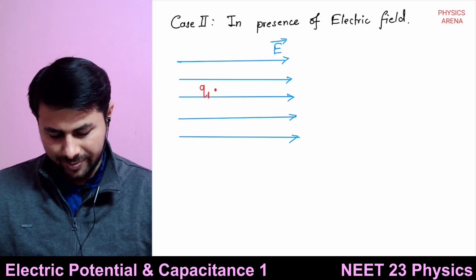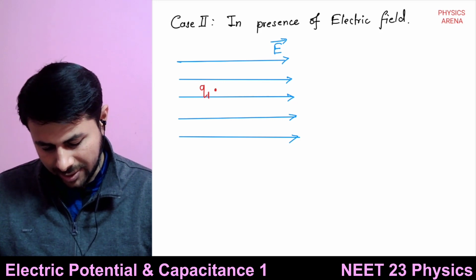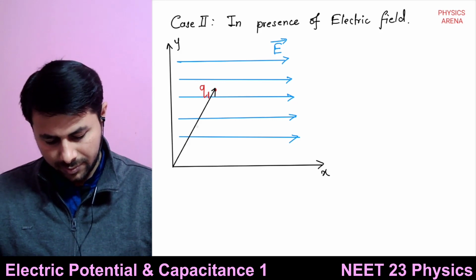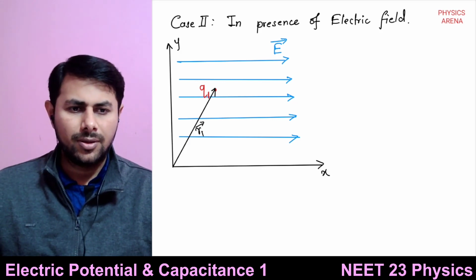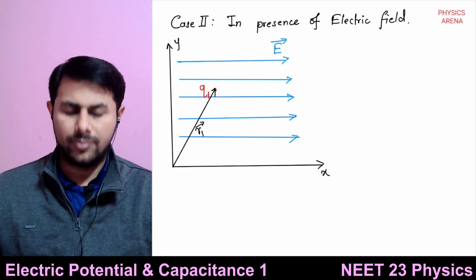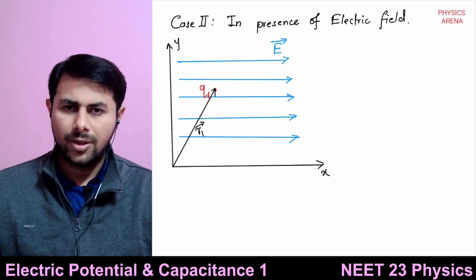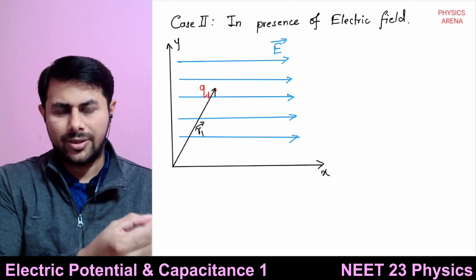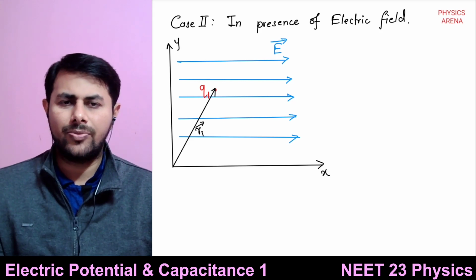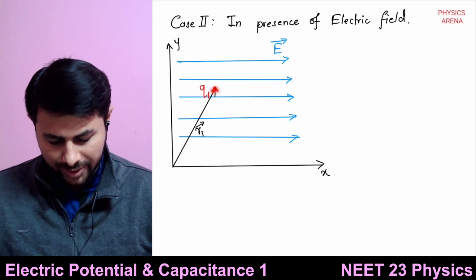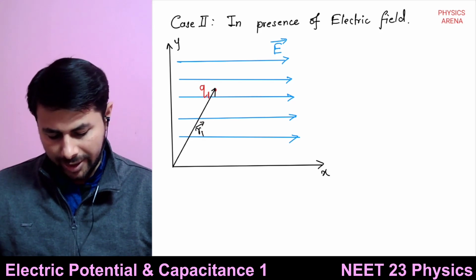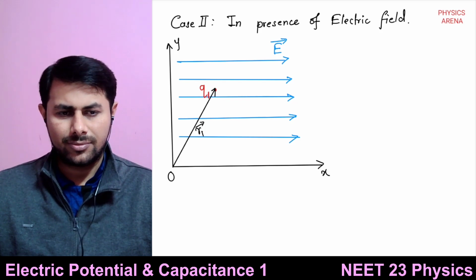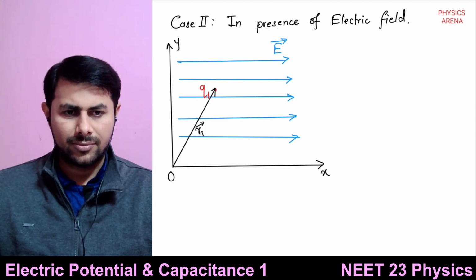So when Q1 is kept at location R1 bar with respect to this origin, will there be some work done? Yes, no?